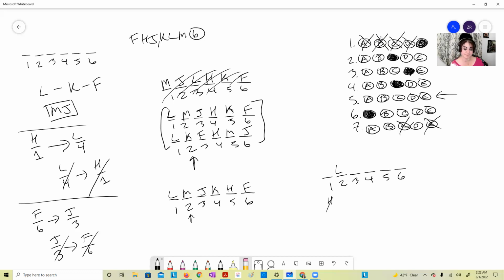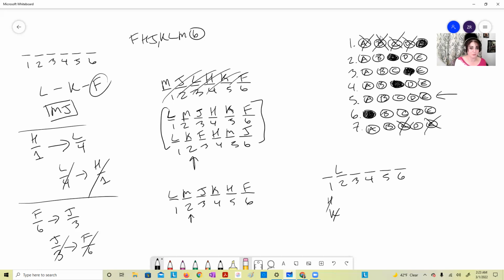Because H can't be on 1, but also that means that was the only thing that could have been on 1. What am I talking about? K also can't be on 1 because K has to have L come before it.